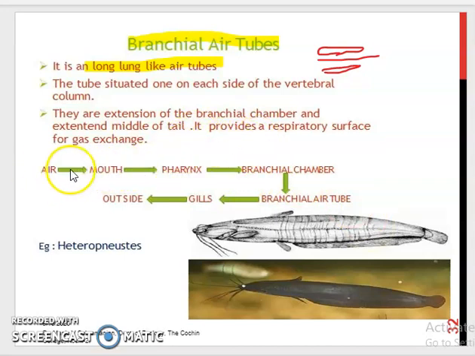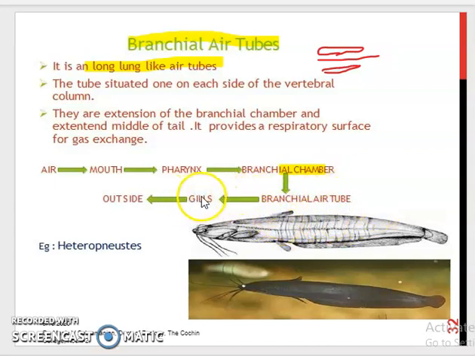So air reaches the mouth in a continuous flow, then the pharynx, then the branchial chamber, then the branchial air tube, where the dissolution of oxygen takes place with the help of the highly vascular epithelium lining the branchial air tube.